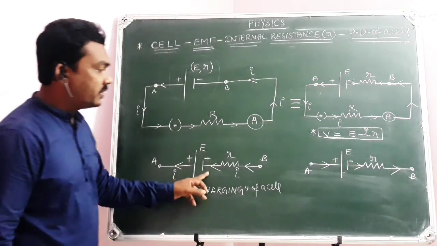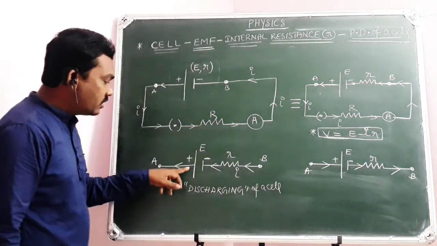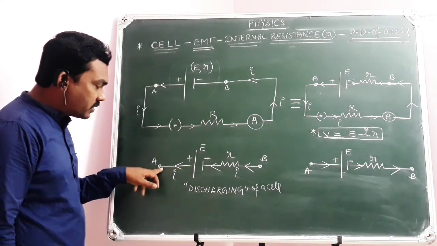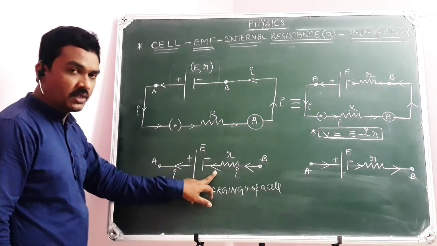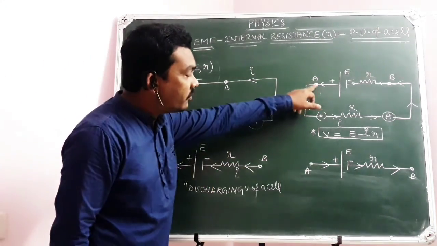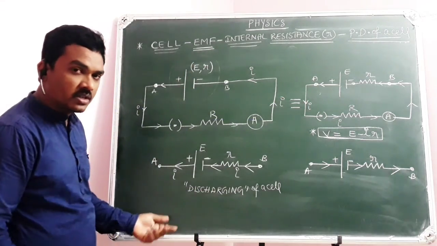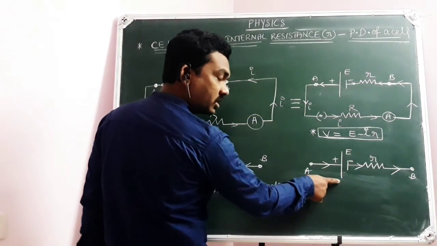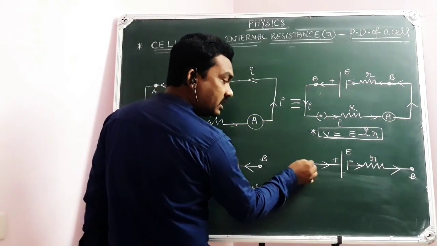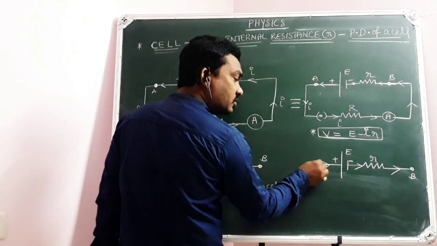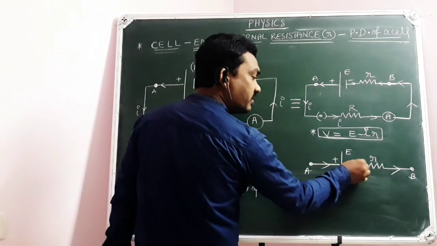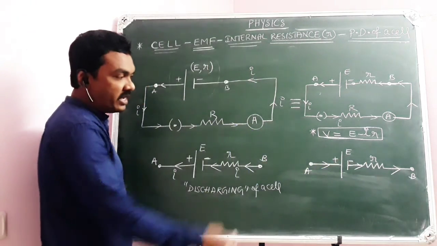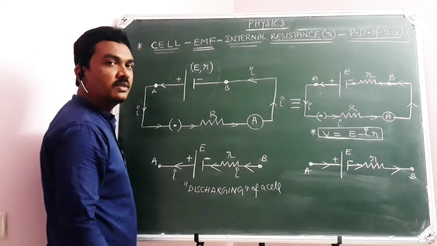There is a lot of difference between this and this. Have you seen here? The direction of current is away from the positive terminal towards the negative terminal of the cell. It means you are drawing current from the cell, which is discharging. But see this. Current is traveling towards the positive terminal, away from the negative terminal. Can you expect the situation?